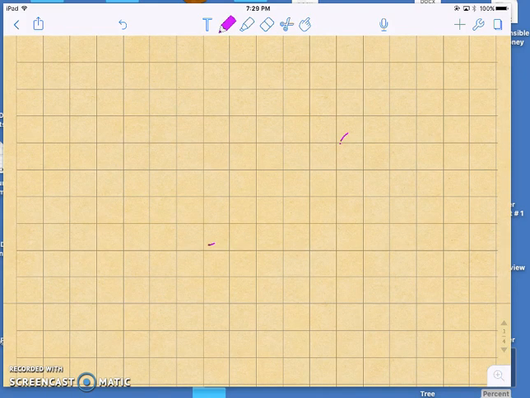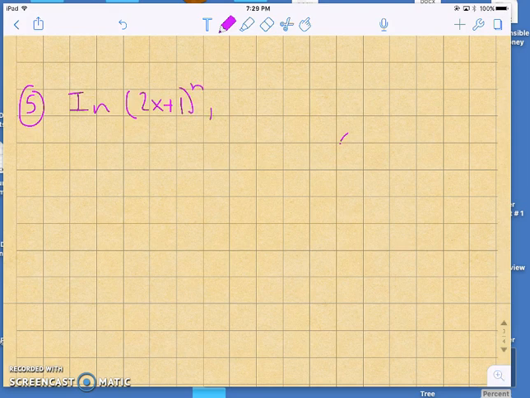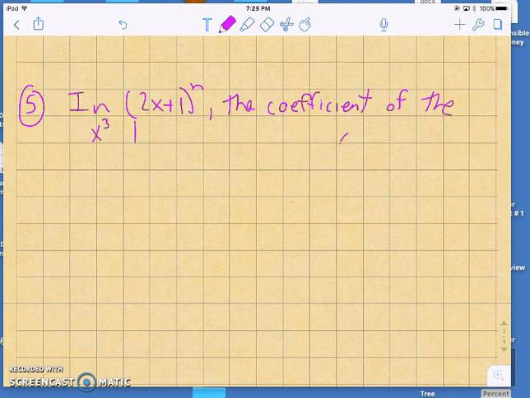And one last one here. Let's say we have in 2x plus 1 to the n, the coefficient of the x cubed term is 80.